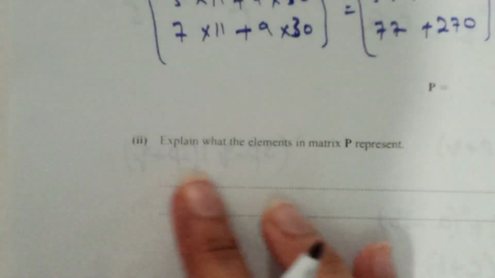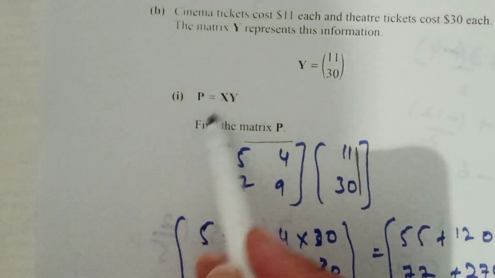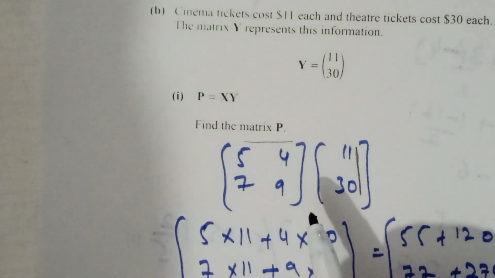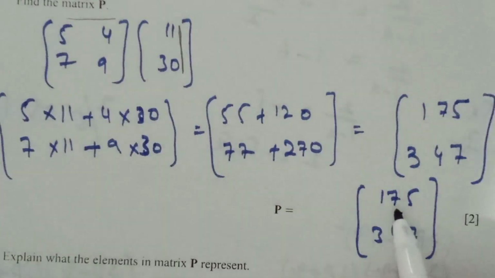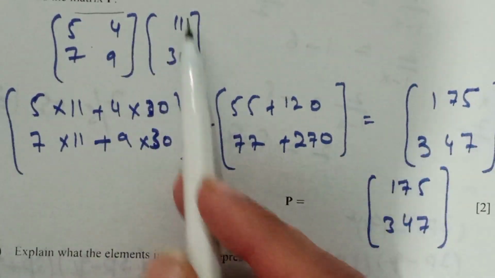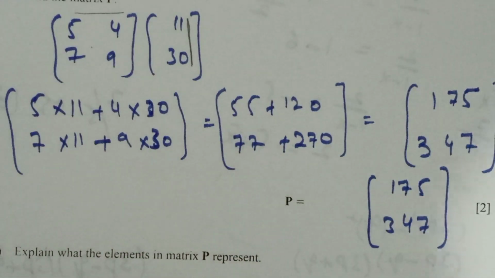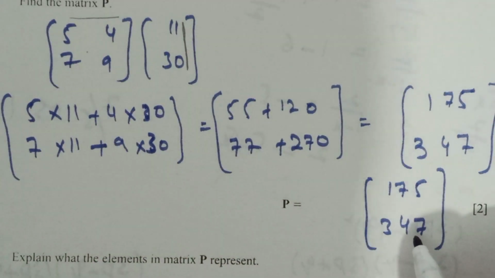Explain what the elements in matrix P represent. What does this matrix P represent? The matrix P represents the total cost, because we multiplied the cost. That's cinema and theater total spending of Adam and total spending of Ben.